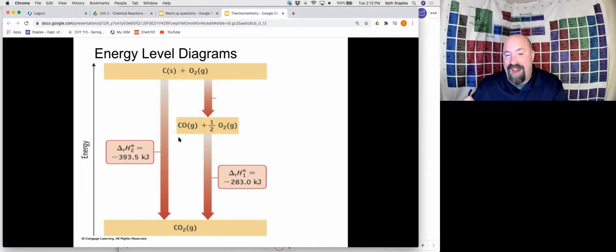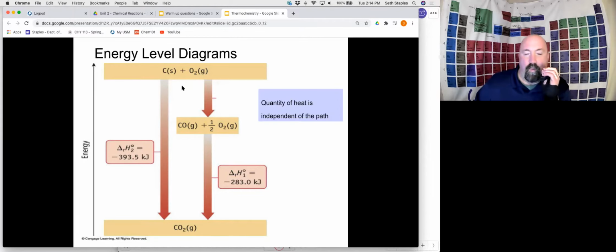We also have information for carbon monoxide plus half of an oxygen giving us carbon dioxide. So we have energy information for this process here, and for this process here. What we want, and this makes sense if you flip this equation, is energy information for this process.